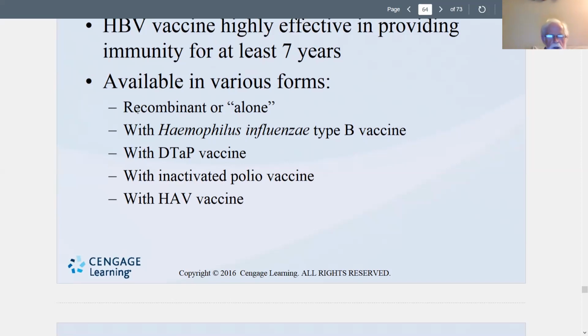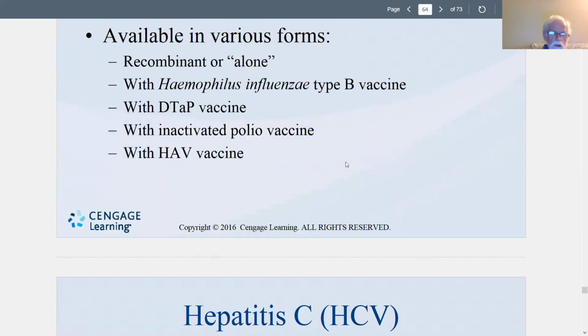It only targets one potential disease, whereas these others can include the HB virus vaccine. We can have that with these other vaccines as well.